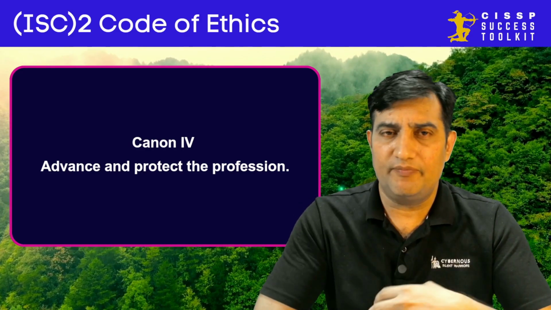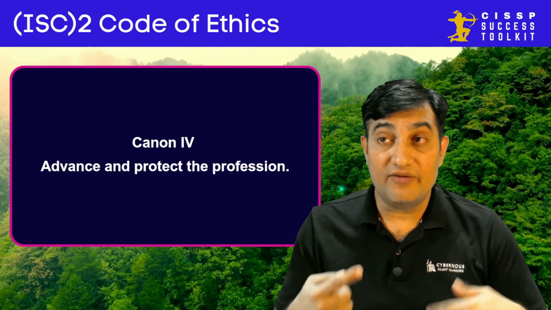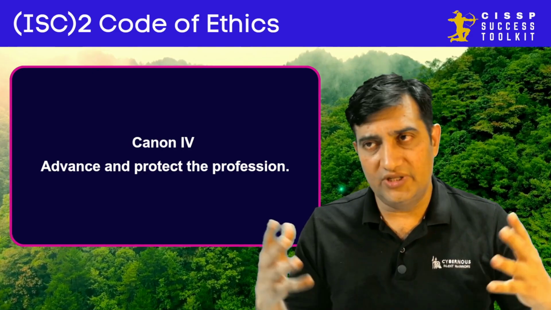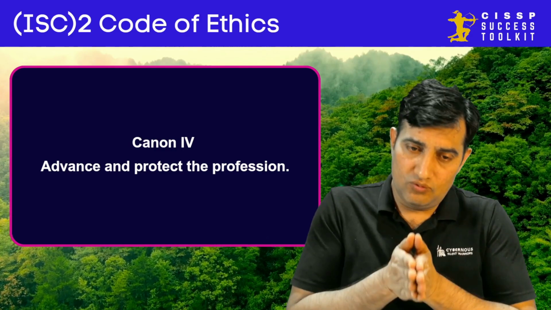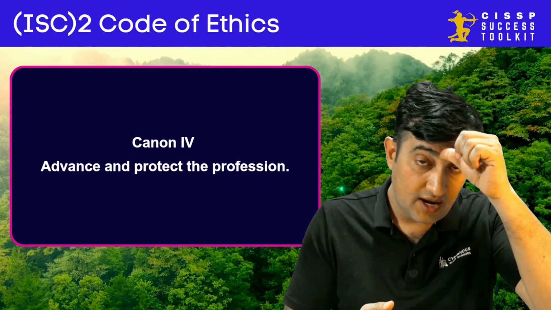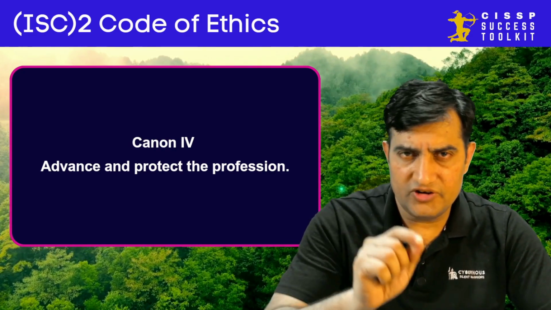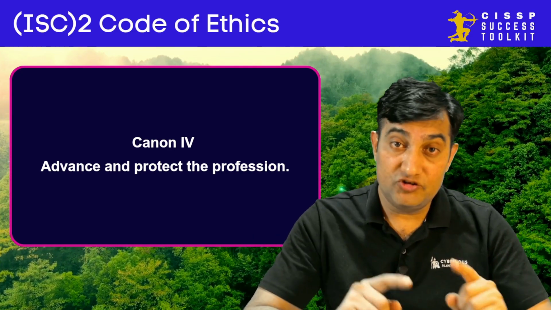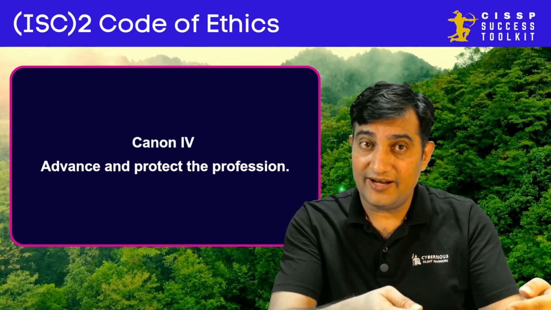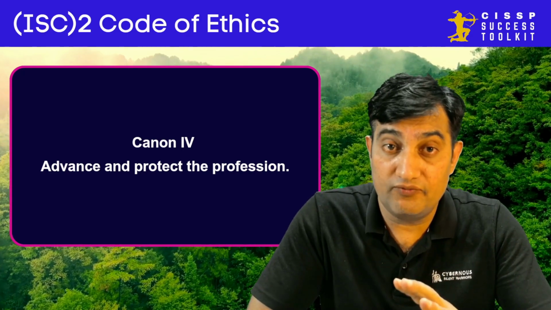If you see somewhere people defaming cybersecurity, they are not talking the right sense, this is the time for you to act. So on this basis, when you progress your personal career, you keep learning as well. ISC2 also asks you to fulfill certain continuous professional education points which you have to prove every year as well, right? So these are the 4 ethics from ISC2 which you need to follow.